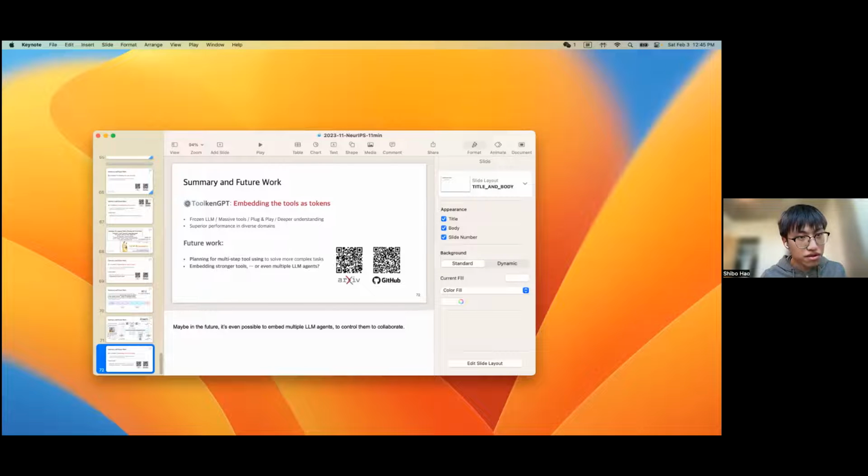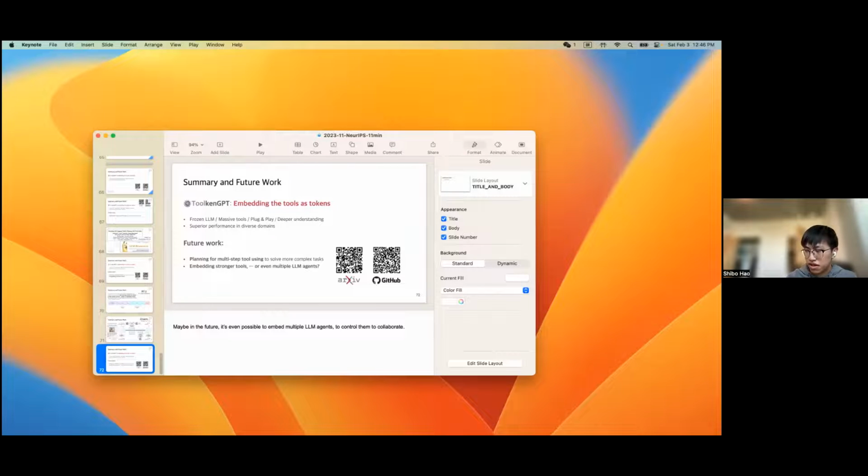What causes this ToolkenGPT to be overtrained? I'm not sure what overtrained means, but one solution I just mentioned, adding some negative samples, may help. And can we add adversarial training to this?